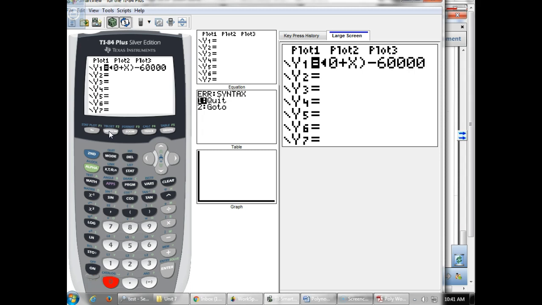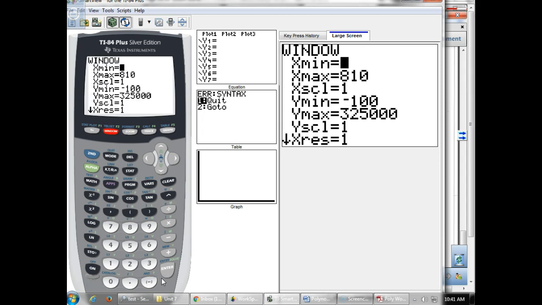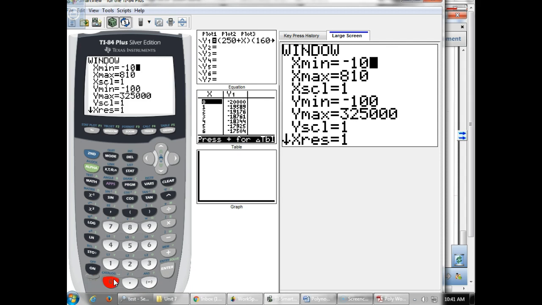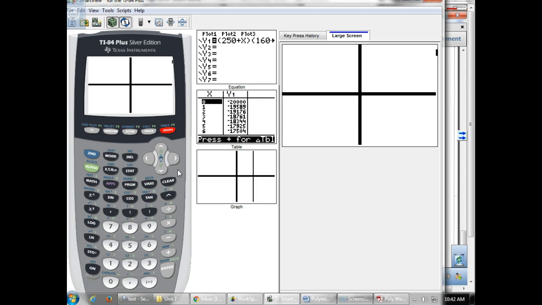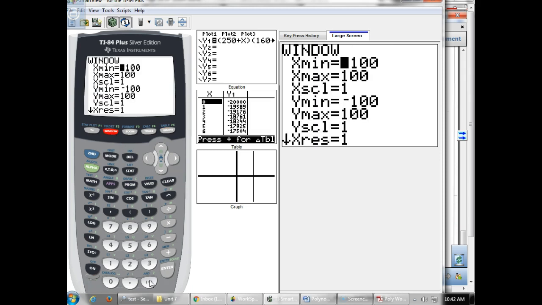Now, let's get our graphing calculator. I have no idea what's going to work here, so you just kind of have to play around with it and graph it. Change it to like 1,000 for the X min and max.